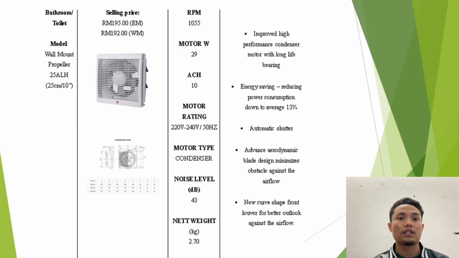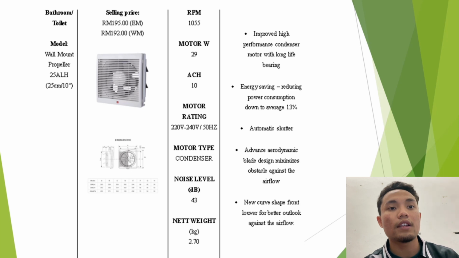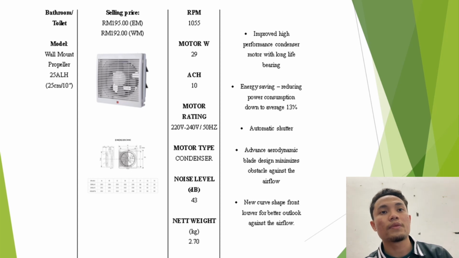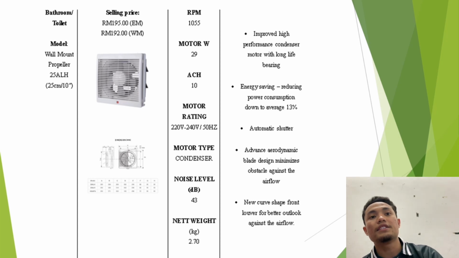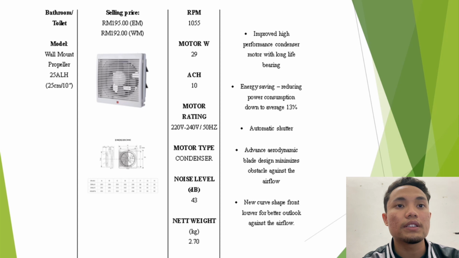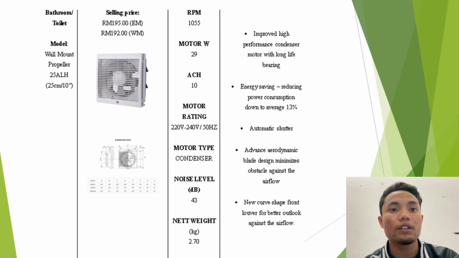Motor type considers noise level 43 and net weight is 2.0. It has an improved high performance condenser motor with long life bearing, energy saving for occupancy, down average 30%, and an automatic shutter. An advanced aerodynamic blade design minimizes obstruction to the airflow. And lastly, a new curve shape front grille for better outlook against the airflow.